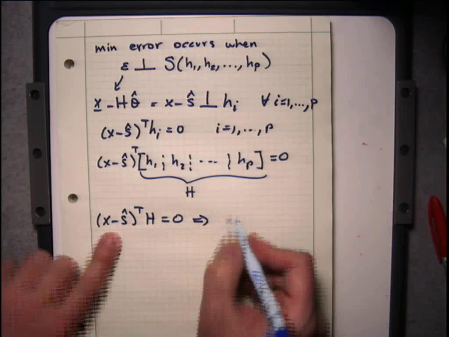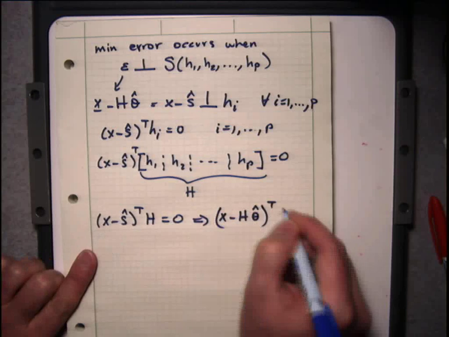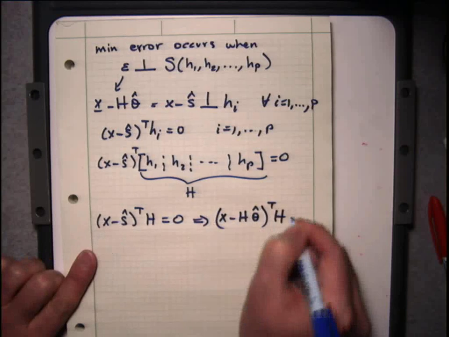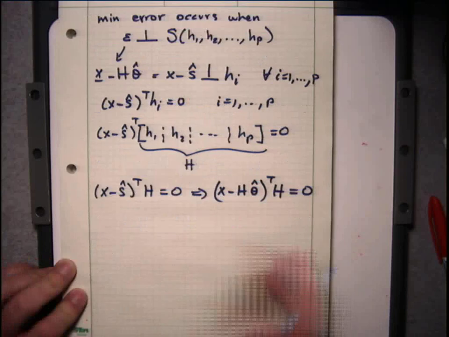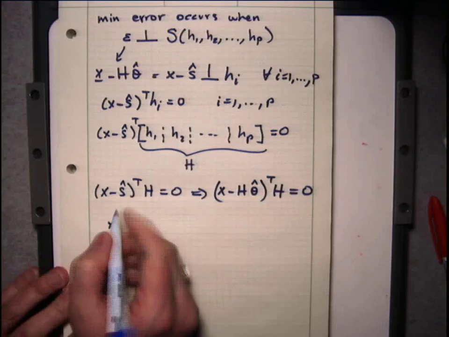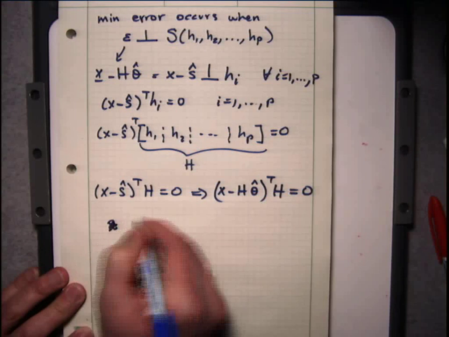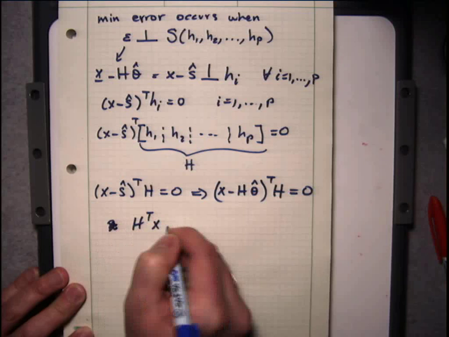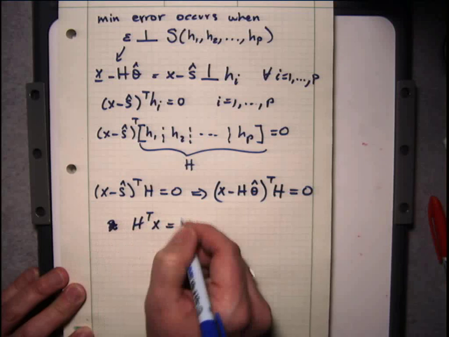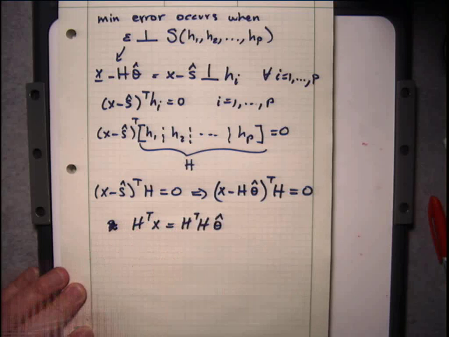Rewrite this: (x minus H theta hat) transpose H is equal to 0. Okay, simplify a couple of steps: x transpose H, which is H transpose x, equals H transpose H theta hat.